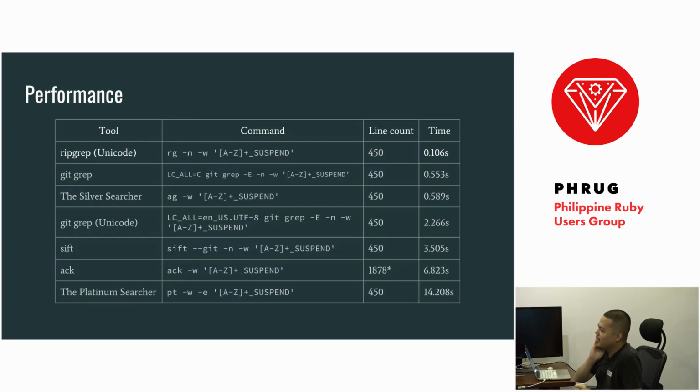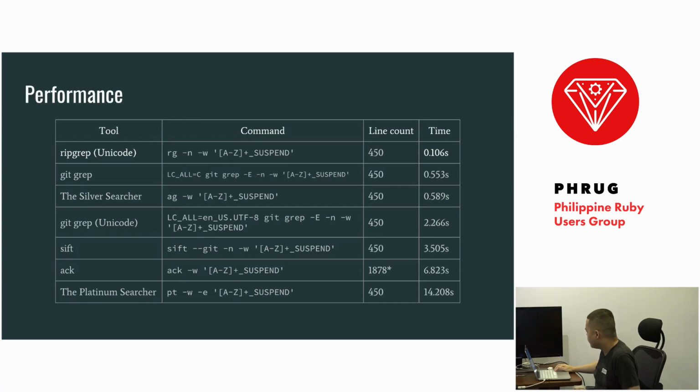If you're familiar with git grep, there's a grep feature in Git, so you can only search the tracked files. So ripgrep is basically like git grep, right? It ignores the gitignore by default and only searches the tracked files, sort of. So it's 5 times faster than git grep, and even more so if you use Unicode for git grep.